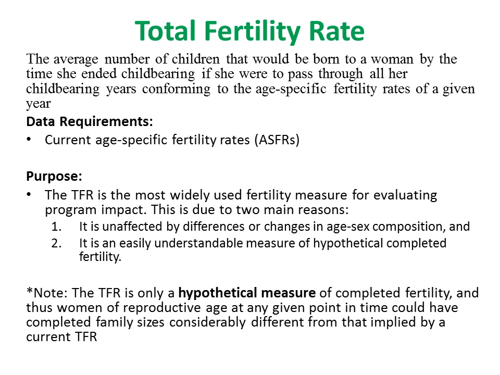But remember that total fertility rate is only a hypothetical measure of completed fertility, because no one completes fertility in a single year. Women in reproductive age may complete their family sizes at different points of time than what is implied by the current total fertility rate. It is just a hypothetical measure of the impact of the family planning program.